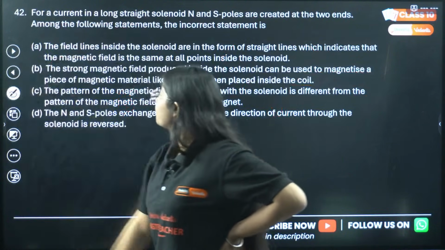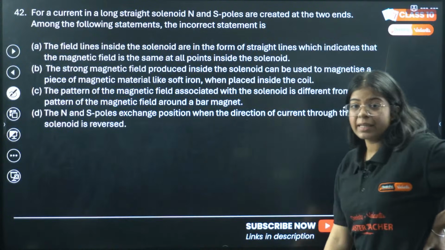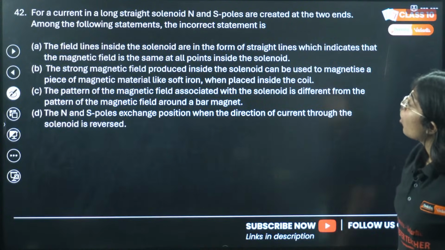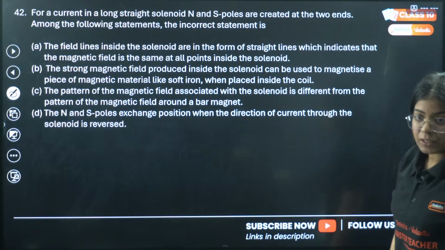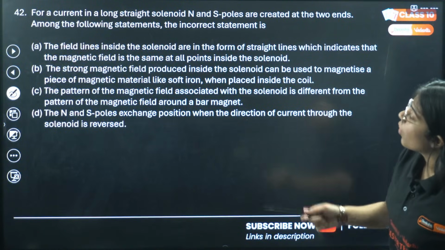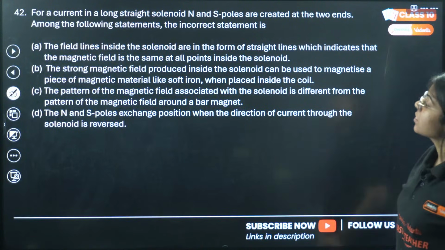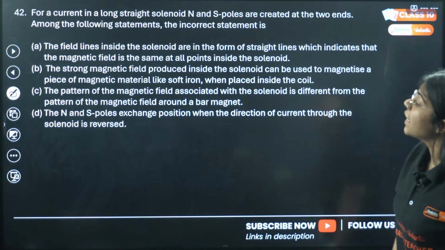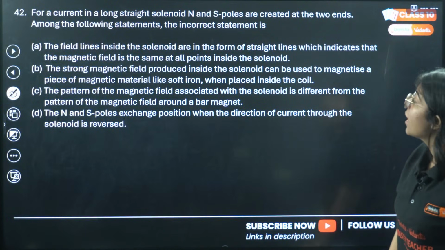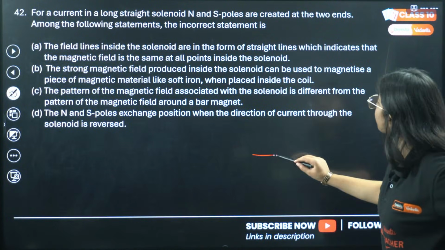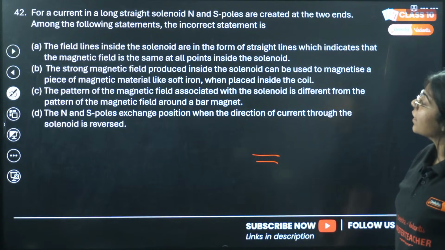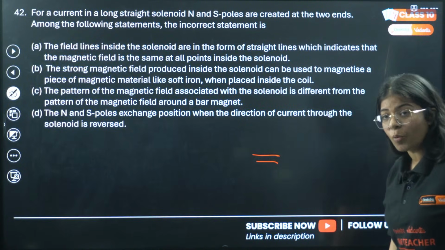42nd question. For a current in a long solenoid, north and south poles are created at the two ends. Among the following statements, the incorrect statement is what? A, the field lines inside the solenoid are in the form of straight lines, which indicates that the magnetic field is the same at all points.